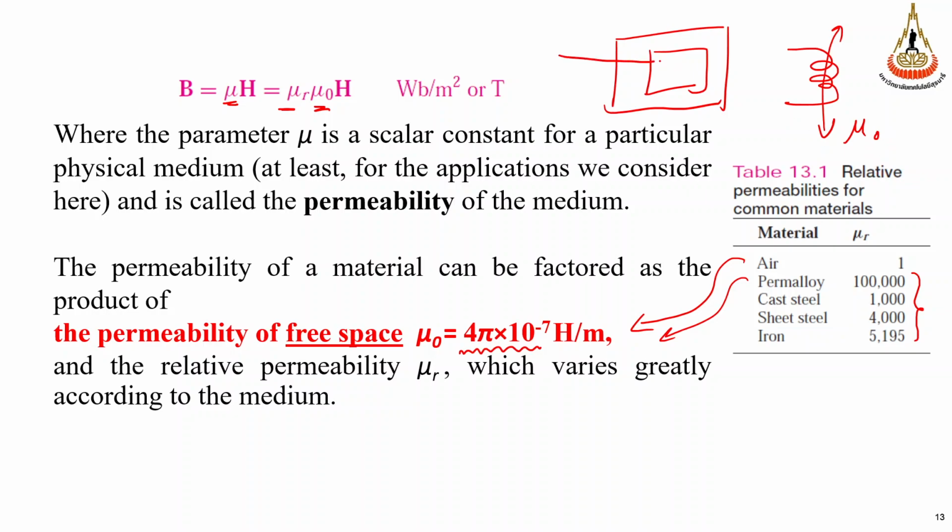If we use a material like this instead of air, we can have very high permeability, so it is easier for the magnetic flux to move along the flux path.